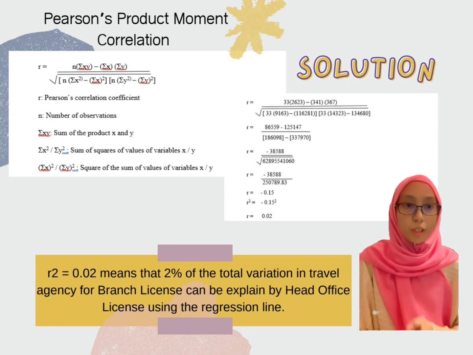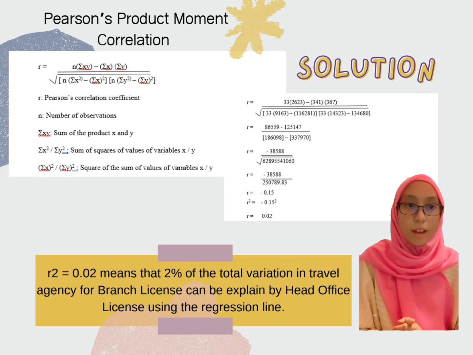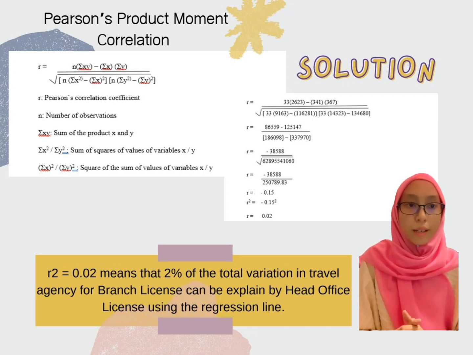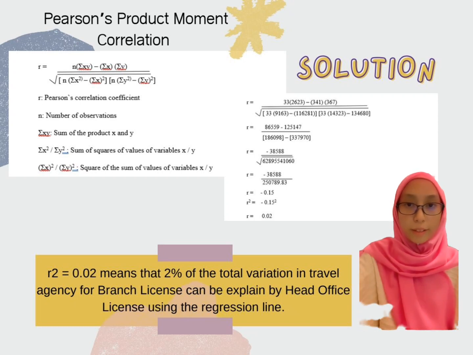Correlation equals 33 in bracket 2,623 minus in bracket 341 times 367, divided by the square root of 33 in bracket 9,163 minus 116,281, in bracket 33 in bracket 14,323 minus 134,689 close bracket.